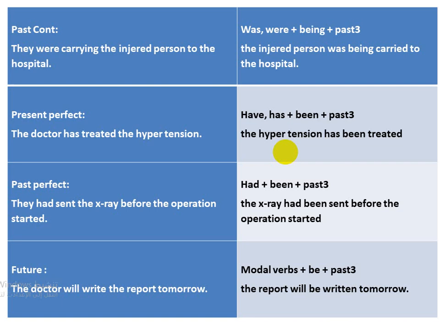Okay. So the rule is that had plus been plus past participle, which is verb 3. You read it. The X-ray had been sent before the operation started.